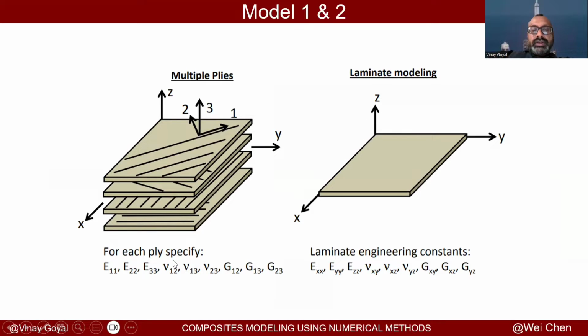To remind you, the Poisson ratio will have two indices. The first index tells you how that Poisson ratio was measured. So the first index is the loading in the one direction that caused the contraction in the second direction. And that's how you define these indices in general.